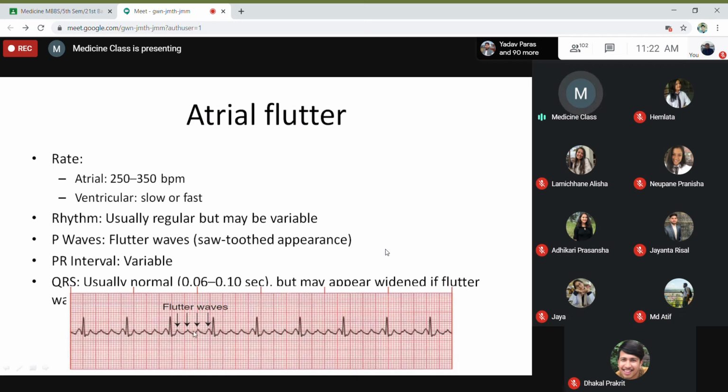Okay, and the atrial rate would be a little bit lesser, around 250 to 350. Rhythm will be usually regular, but sometimes may be variable also. And QRS complex will always be normal.